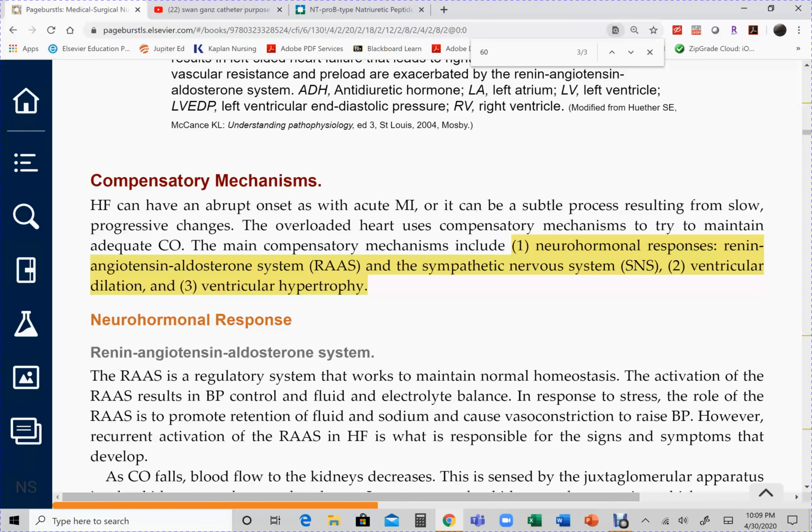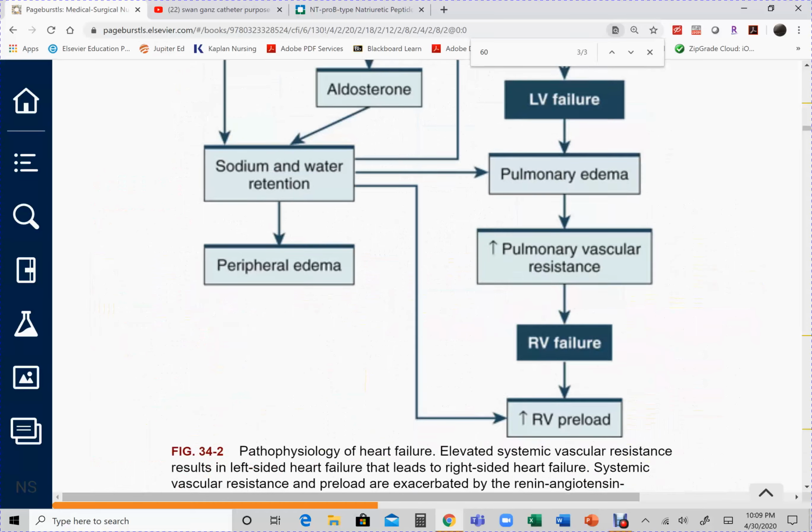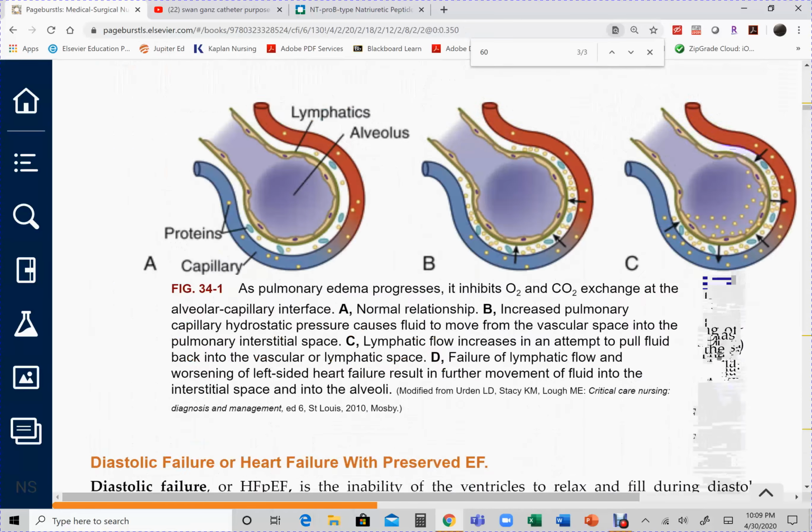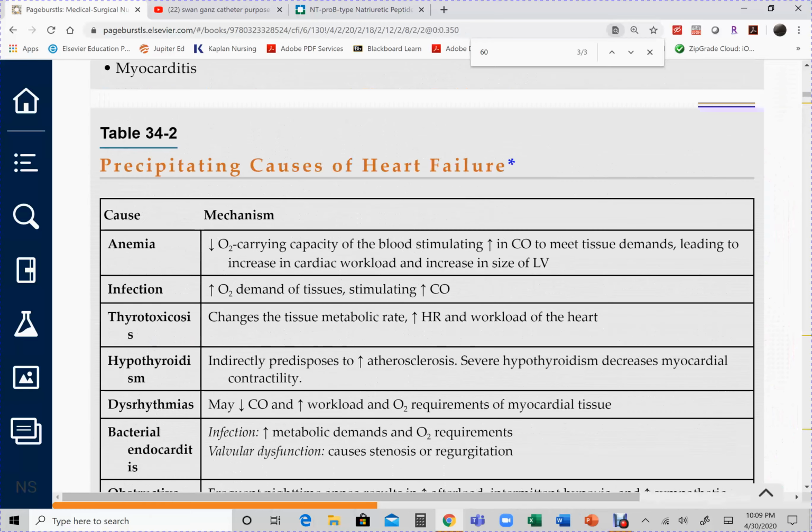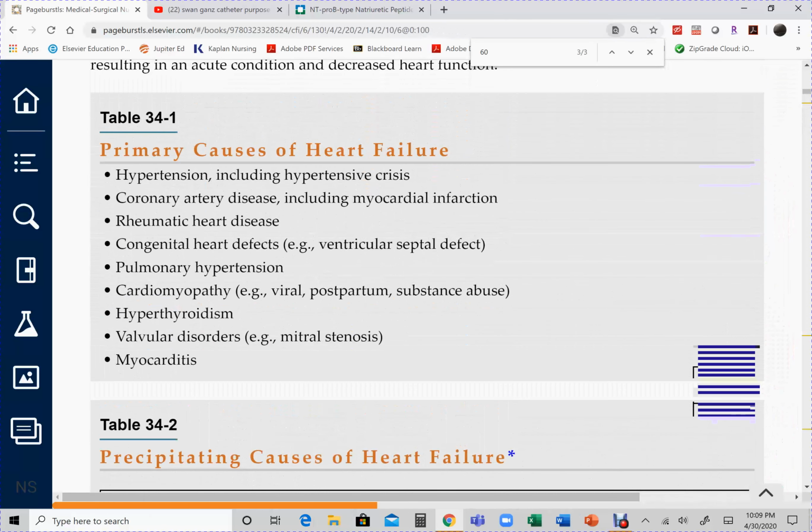We'll look at the effects of these two conditions as it relates to the development of chronic heart failure as a result of repeated constant exposure or activation of the compensatory mechanisms caused by these disorders that we talked about in table 34-1 and 34-2.